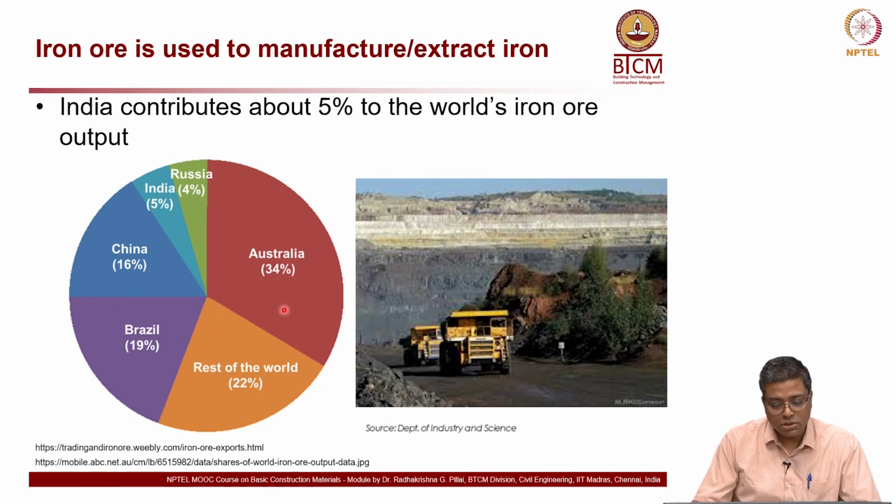Australia plays a major role, about 35%, and India supplies about 5% of the total iron ore produced in the world. So, we are not a small player, and definitely have a significant stake in this.